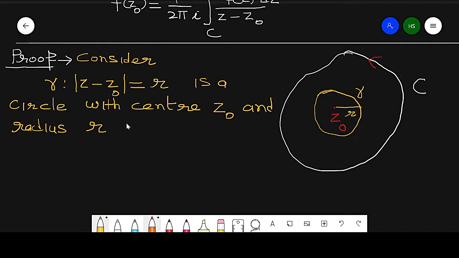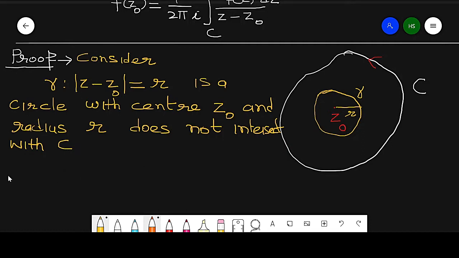So this is a circle with center z0 and radius r which does not intersect with C. It means it lies entirely inside the closed contour C. So it does not intersect with C.